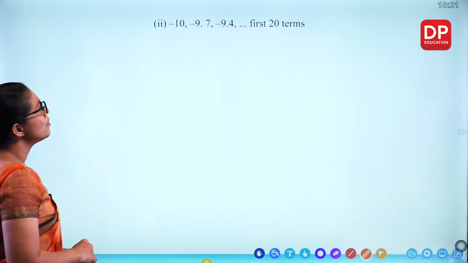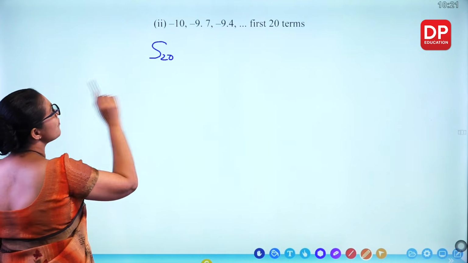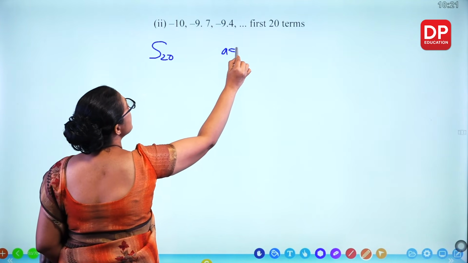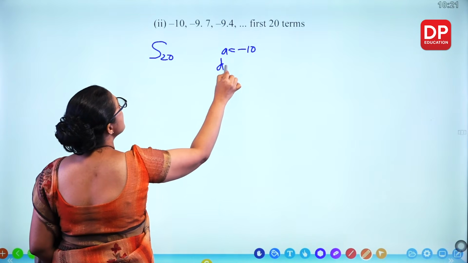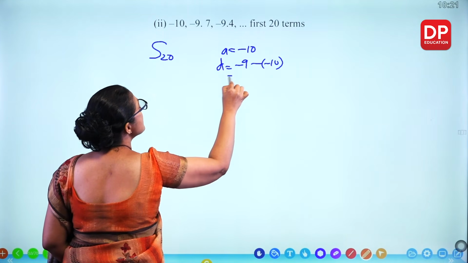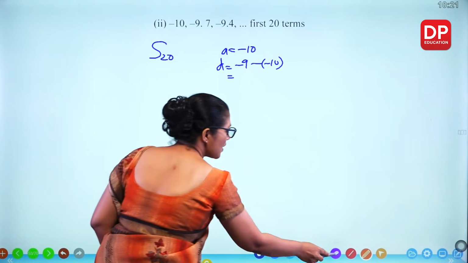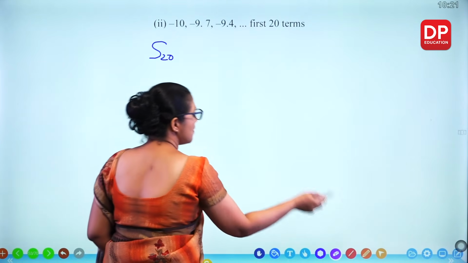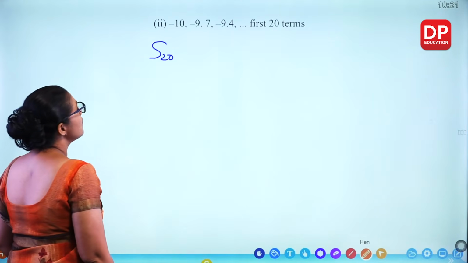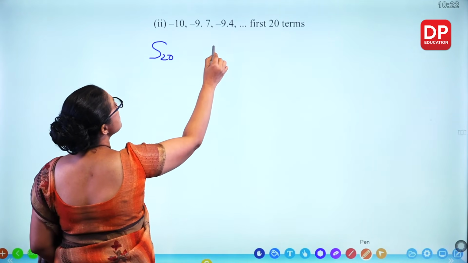Part 2, you are asked to find S20. A is minus 10. What's D? Minus 9.7 minus minus 10 becomes plus. What's the difference?